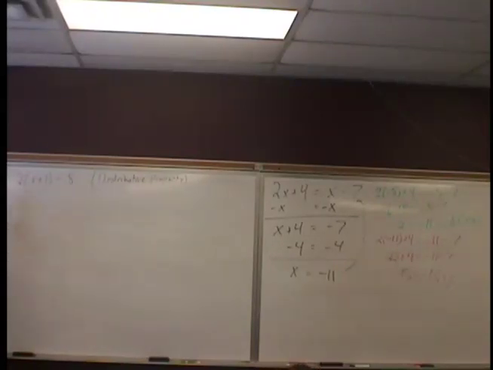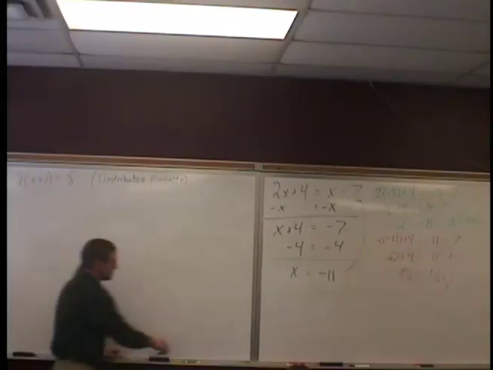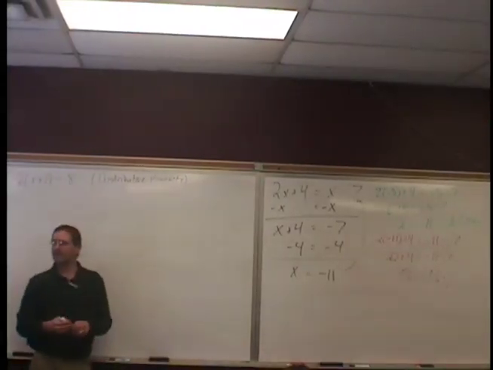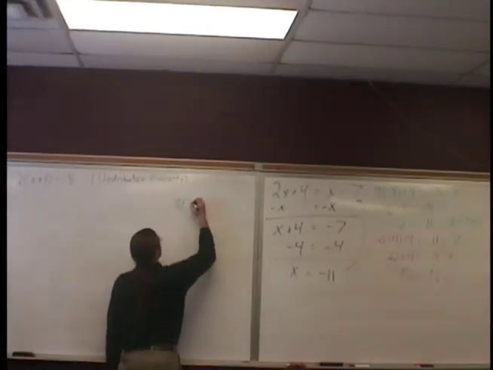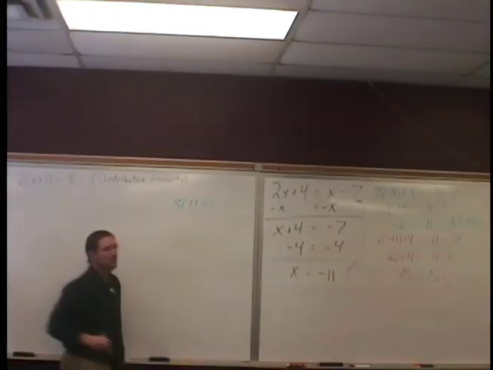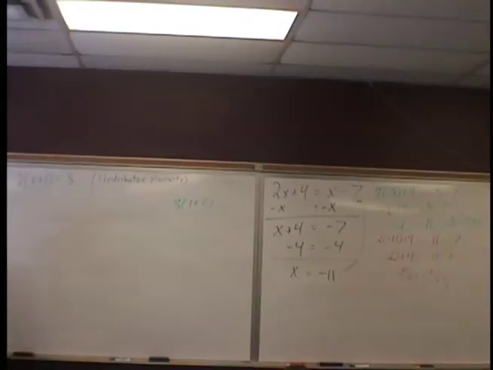Now, how do we distribute these things? How do I distribute a 2 through the x plus 1? The way I like to show students this is to do it without x's first. What do I do first up here?